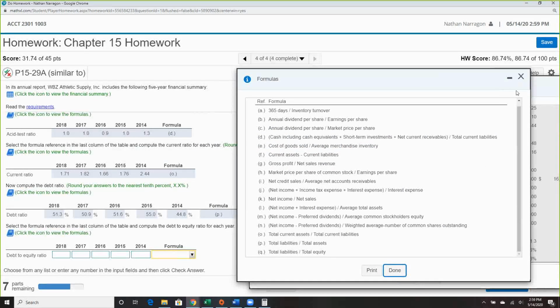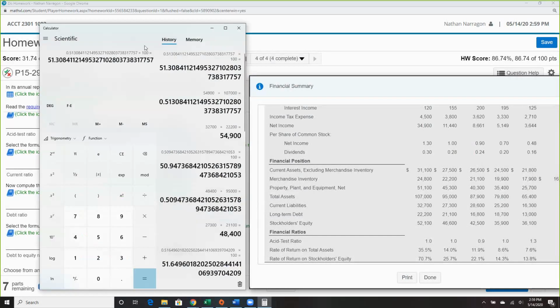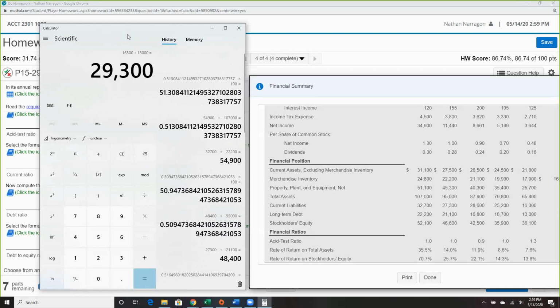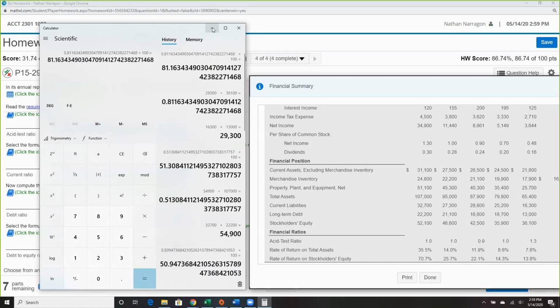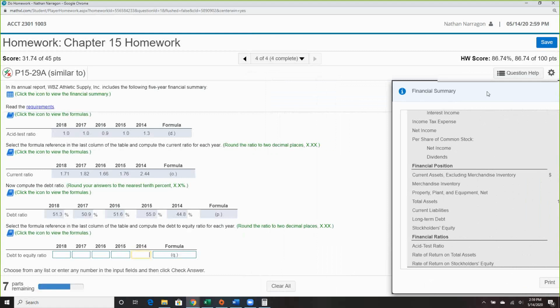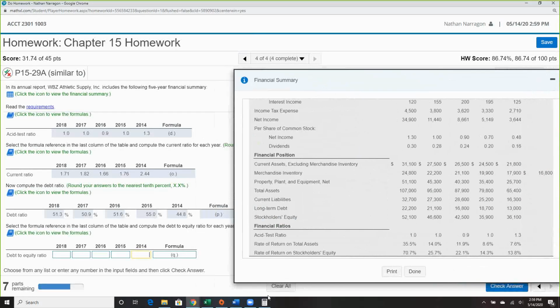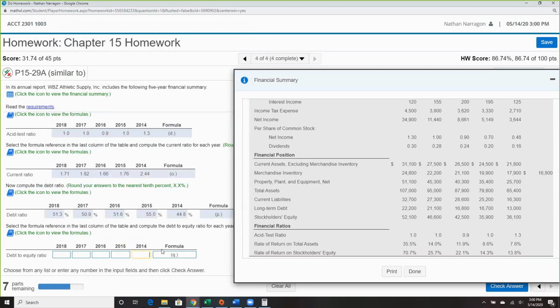That is Q. 14, the same thing. 16,300 plus 13 divided by 36,100. It's a ratio, so it's only two decimal places. Don't need to times it by 100. So 0.81.